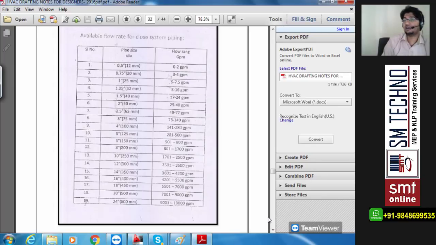That is the main riser size coming from the chiller. Now look forward for 7.5 TR, that is 18 GPM, and look for 12 GPM also. 12 GPM. So 32 mm, right?